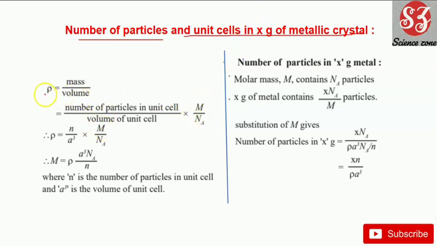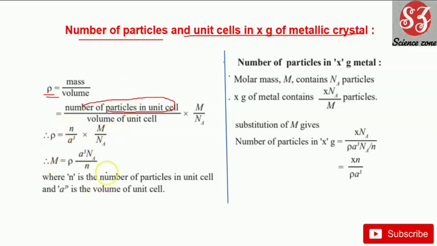The density equals mass upon volume, you know that, and you have already calculated this in the earlier session also, correct? So this is equal to the number of particles in the unit cell divided by the volume of the unit cell, into m upon Na.